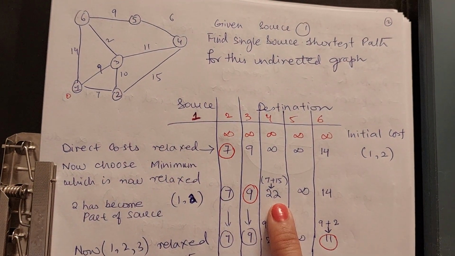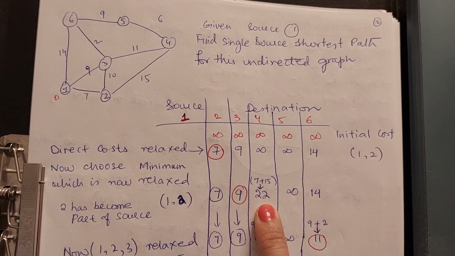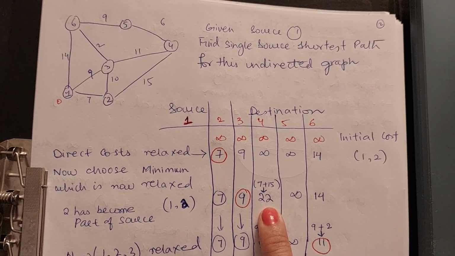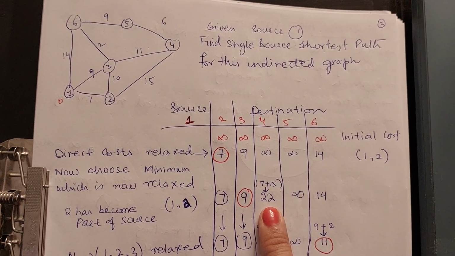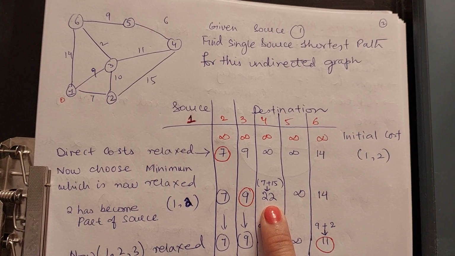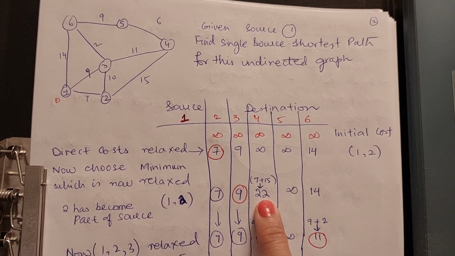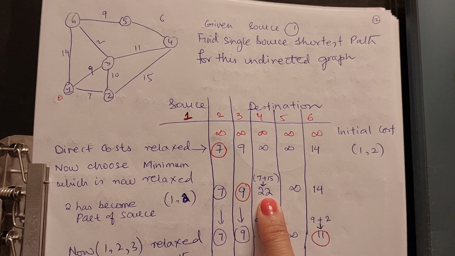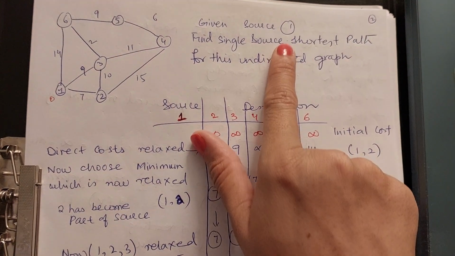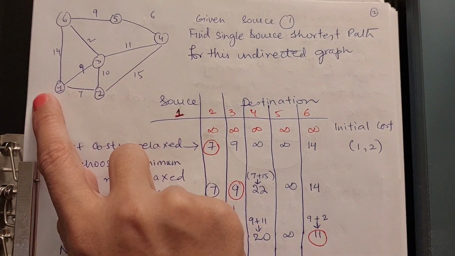You're not going to write just 15. Always remember, when we are talking about Dijkstra algorithm, Dijkstra algorithm is a single source shortest path algorithm. So it will still remember that my source node was given to me in the question as 1.